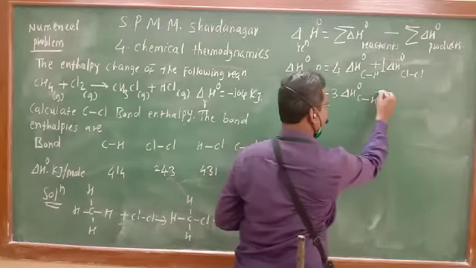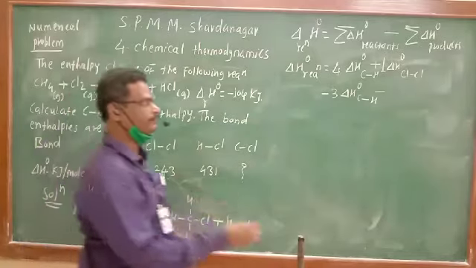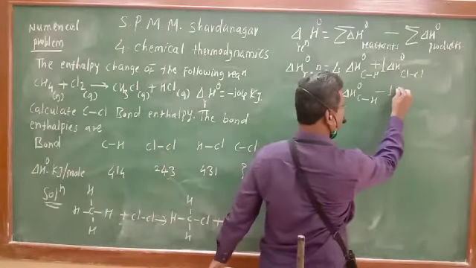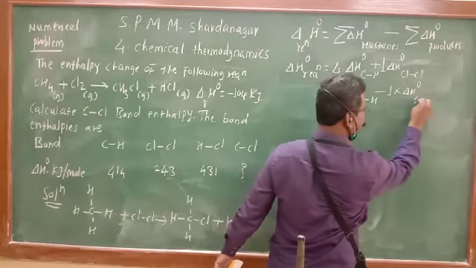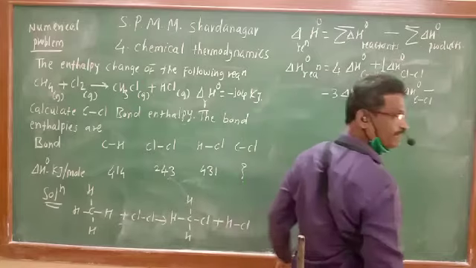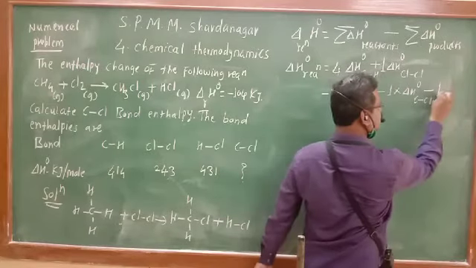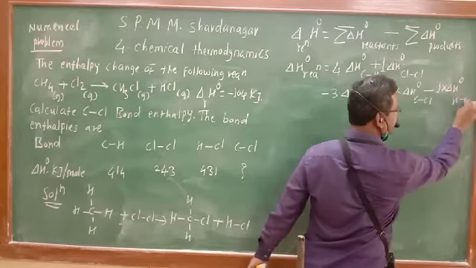Then minus, how many CCl bonds are formed? 1 multiplied by delta H naught of CCl. Minus HCl. How many HCl? Only 1. So 1 multiplied by delta H naught of HCl.